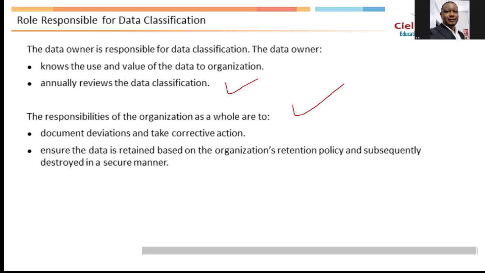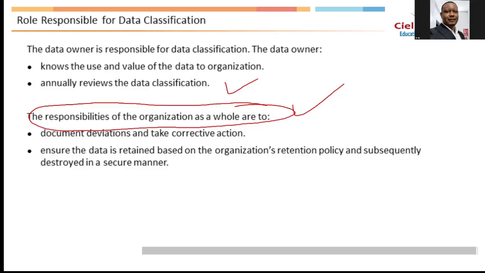So beyond the responsibility of the data owner when it comes to information classification, the organization also has a role to play. These are part of the organization's responsibilities. The organization must track any deviations from the established data classification protocols that we have put in place.